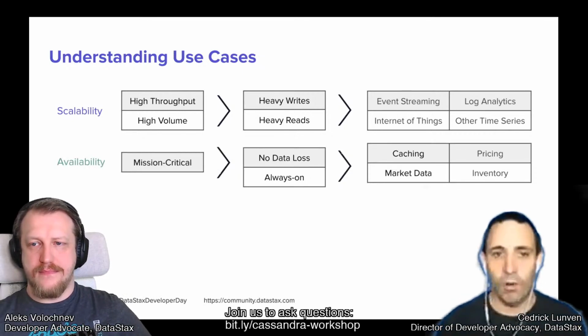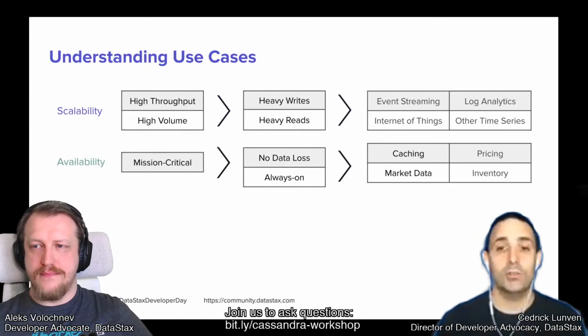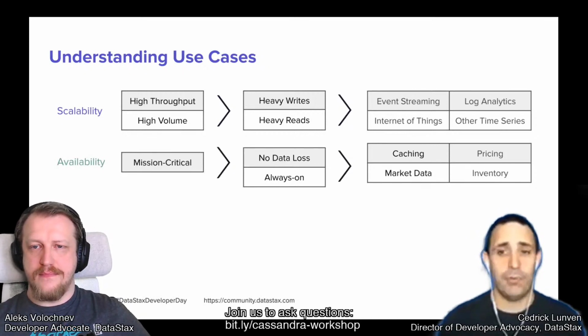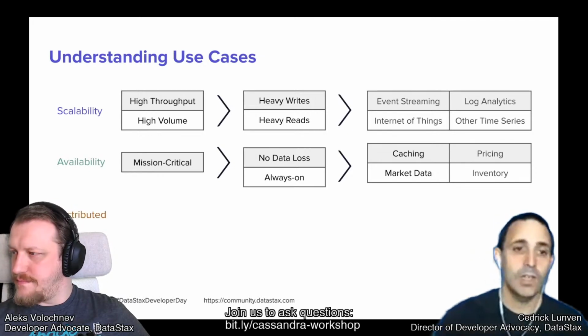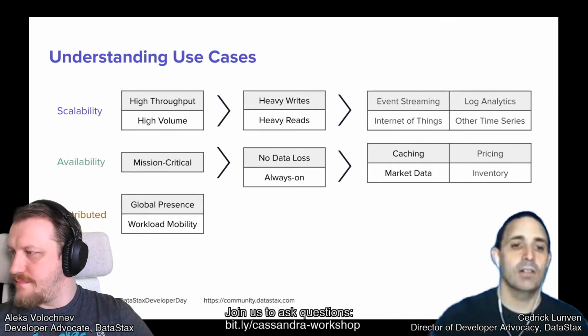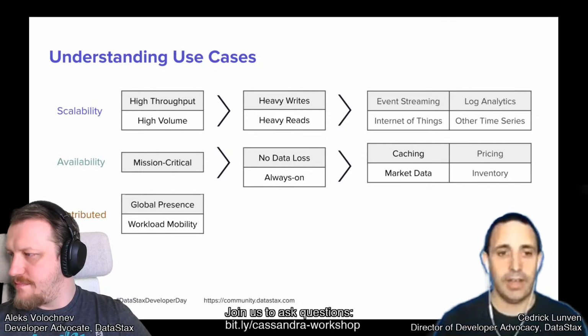Nodes all around the planet, insert the value, it's replicated everywhere. So it could work for market data, pricing, any kind of repository inventory. It's distributed, so globally present. If you are a worldwide company and have data centers distributed all around the world, no brainer, having Cassandra there and the data is replicated for you in two ways.